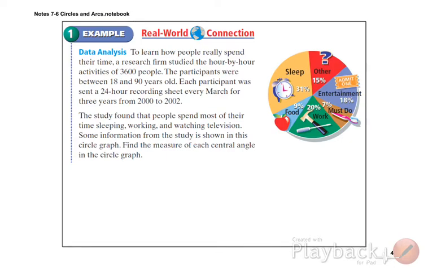We're going to use this pie chart to find the measure of each central angle in the circle graph. Let's start with sleep first. I want the measure of that angle right there.